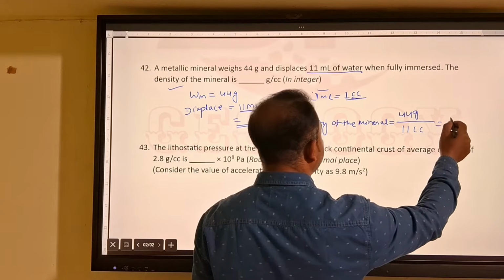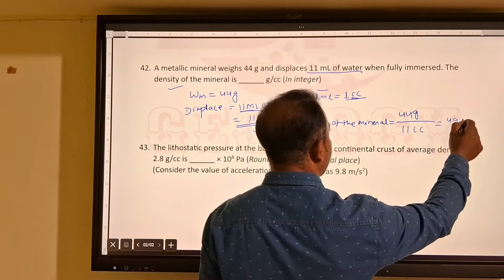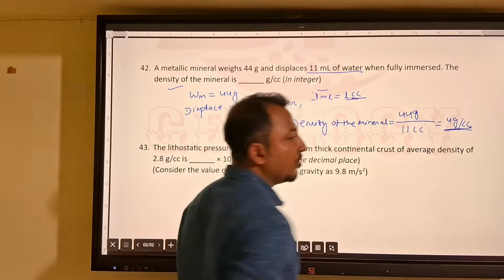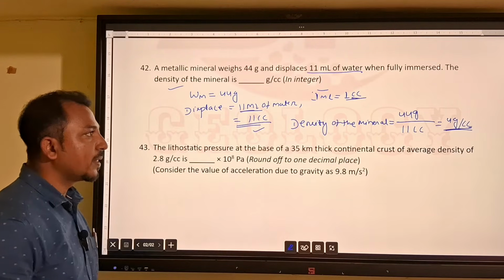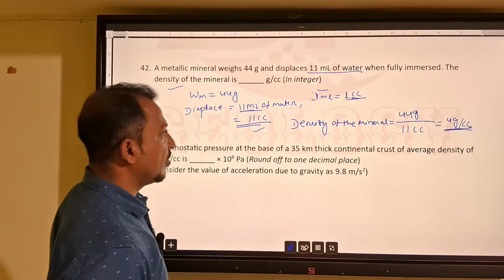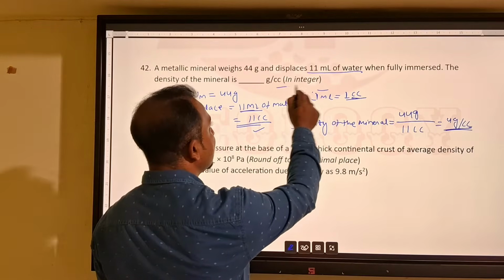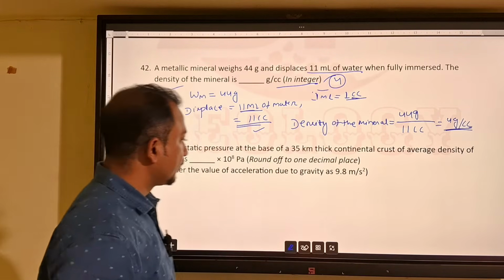So it will be 4 gram per cc. The answer is asked as an integer, so it will be 4.